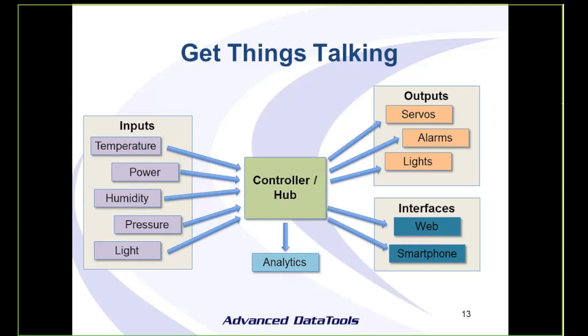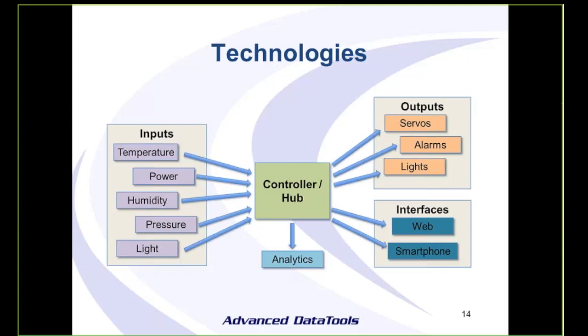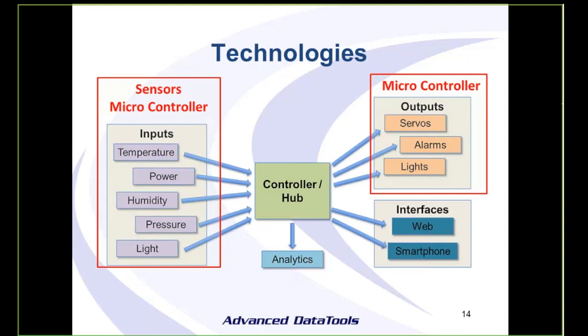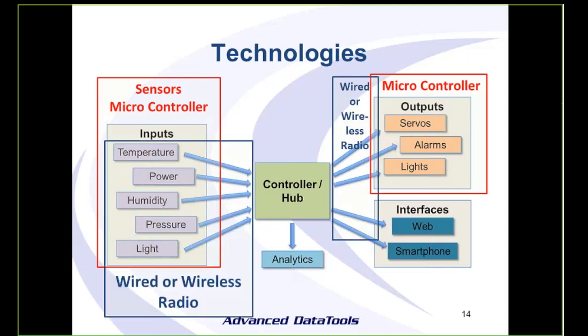So how does all this go together? What are the technologies that we would use to implement such a thing? So obviously we've got the sensors, and I put this together with some microcontrollers, and I'll come onto that in a little bit. We need to have a wireless or wired way to connect to the gateway.